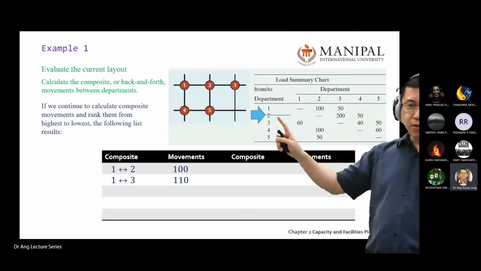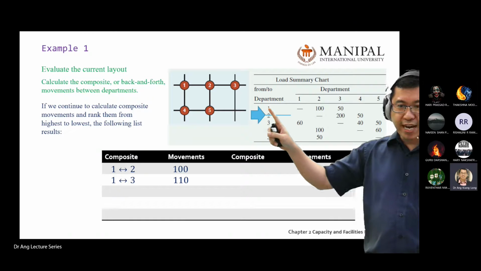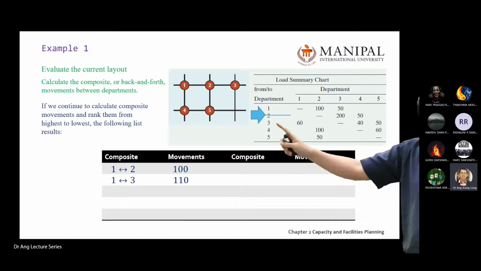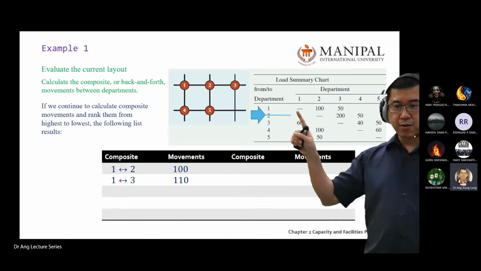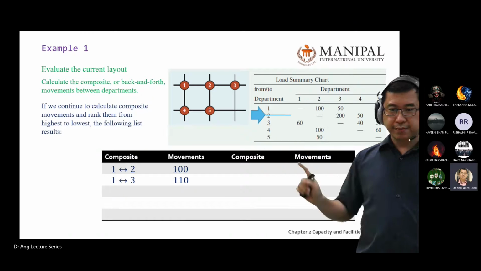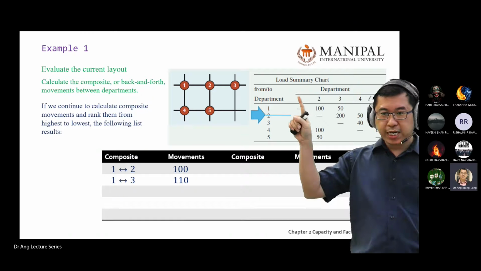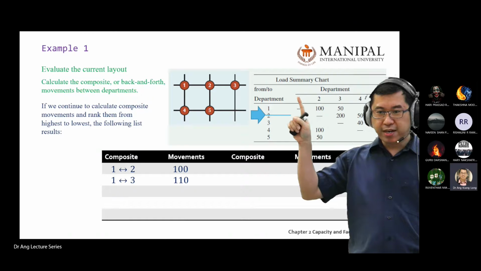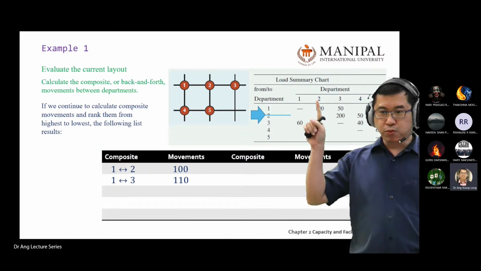Again, I continue. I have solved one already. I go to the second row. I go 2, 1, and from 1 back to 2, I get 100.